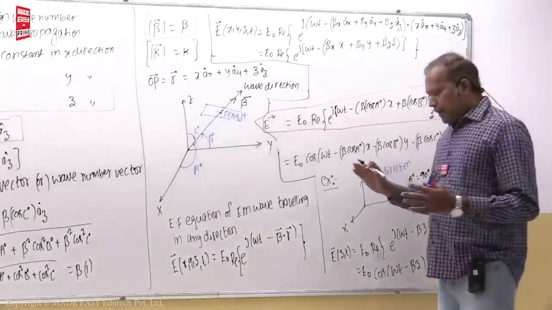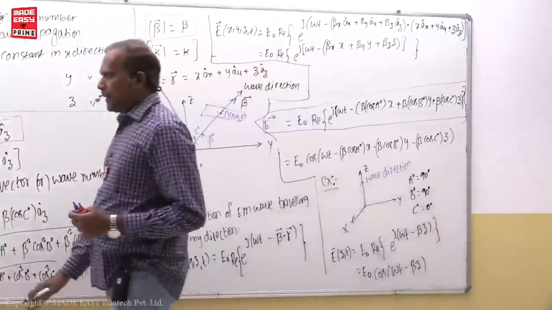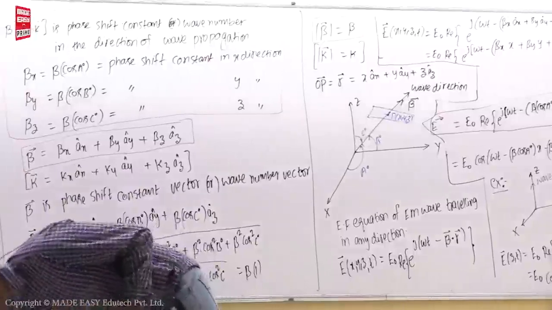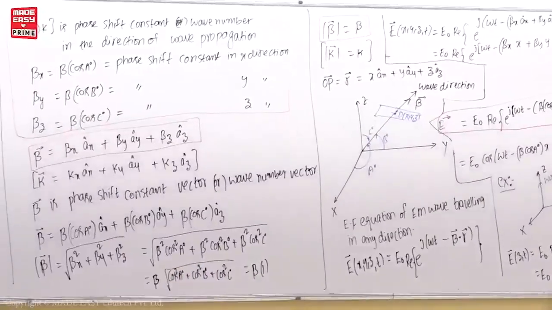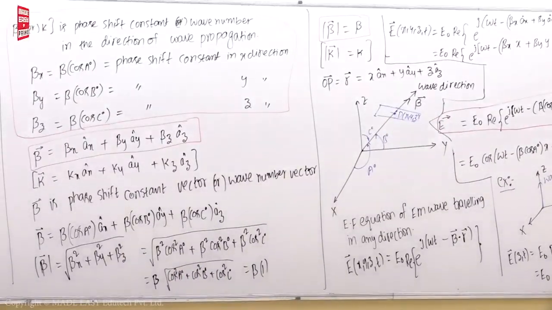Now I will write one point here. What is the velocity of the wave in the wave propagation direction? Answer: phase velocity is equal to omega by beta.